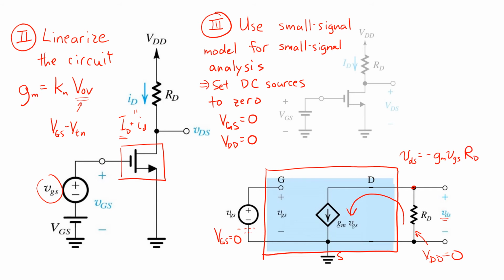So we arrive at the exact same result we found before following this three-step procedure. That is that VDS equals the voltage gain AV times lowercase VGS, where AV is negative gm RD.